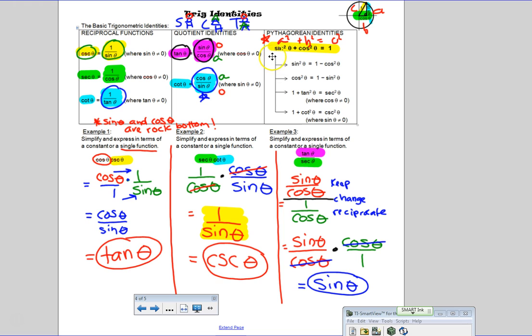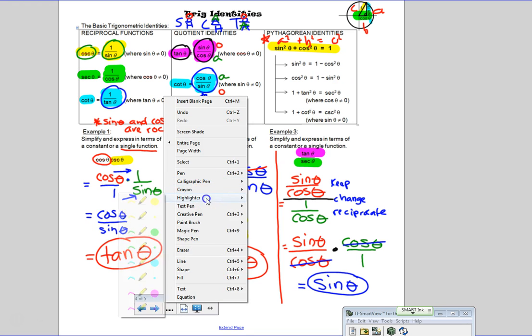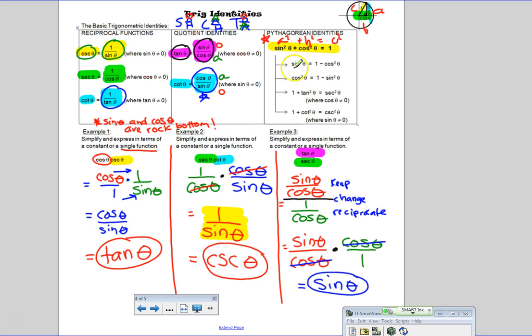These other ones that have arrows drawn to them, that means that those are extensions of that one single identity. For instance, if we were to subtract cosine squared over to the other side, you would get this line right there. So subtracting cosine squared will give you this identity, which is just the yellow one changed up.